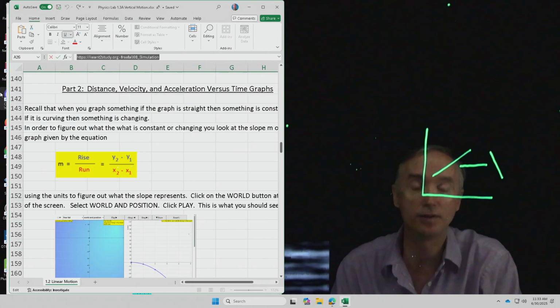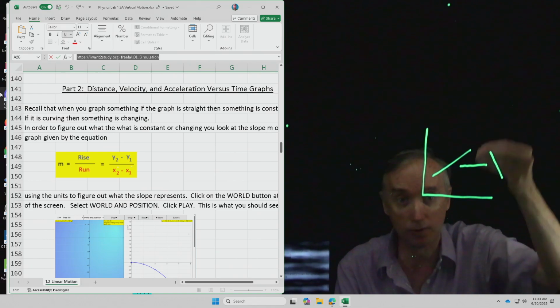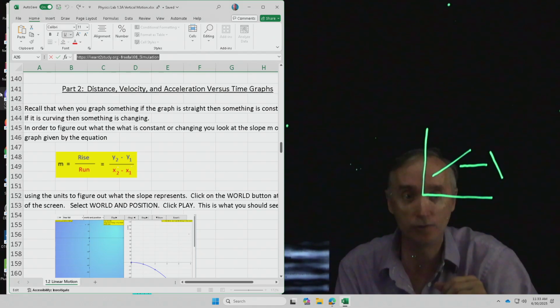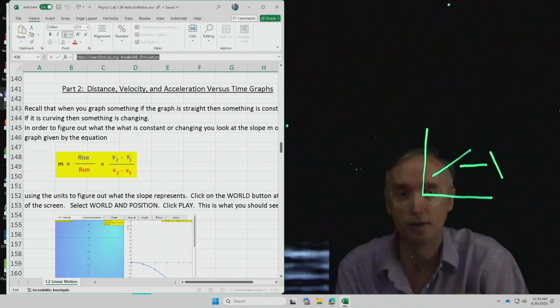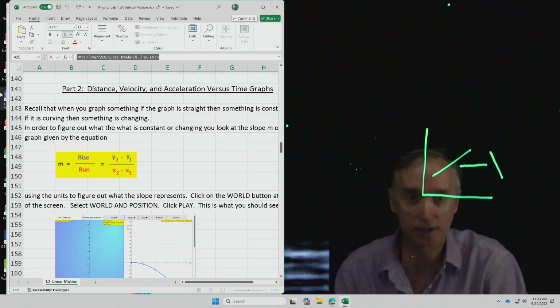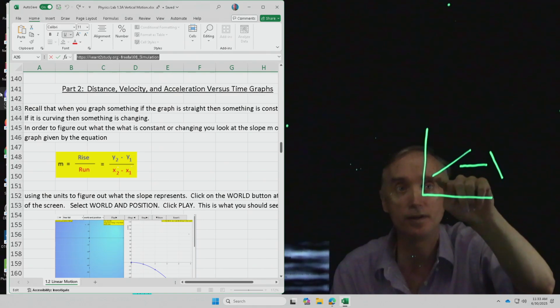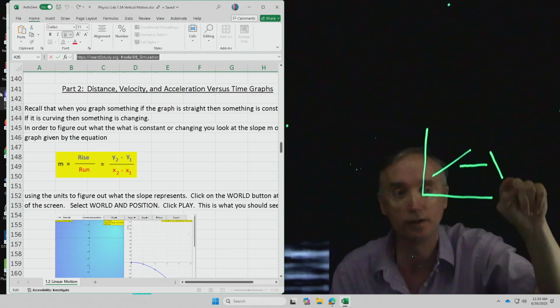Now the question is, what is constant in the case of the ball that's falling? So you are going to look at distance versus time graphs, velocity versus time graphs, and then acceleration versus time graphs to see if something is a straight line.